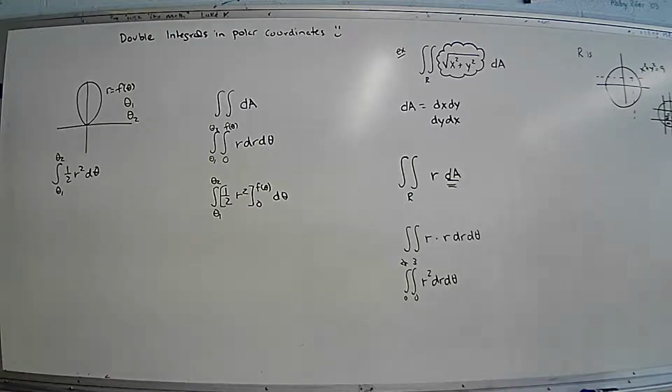The key thing that we have to remember when we're talking about polar integrals and double integrals of polar coordinates is that dA is r dr d theta. You have that extra r involved. And in fact, that extra r is something called the Jacobian.